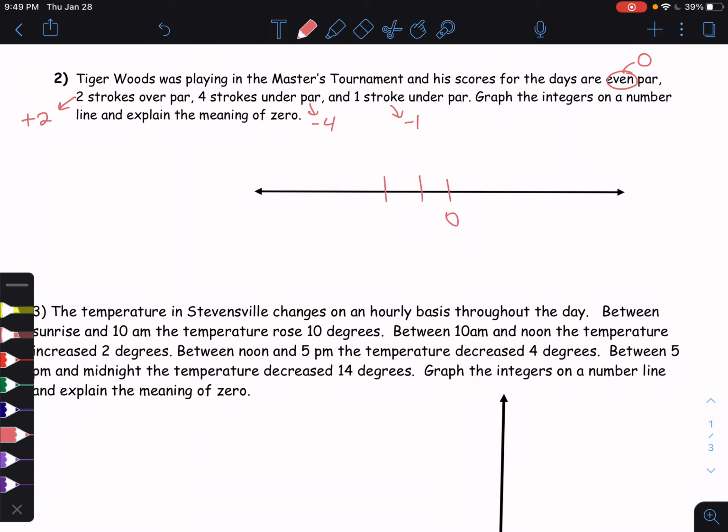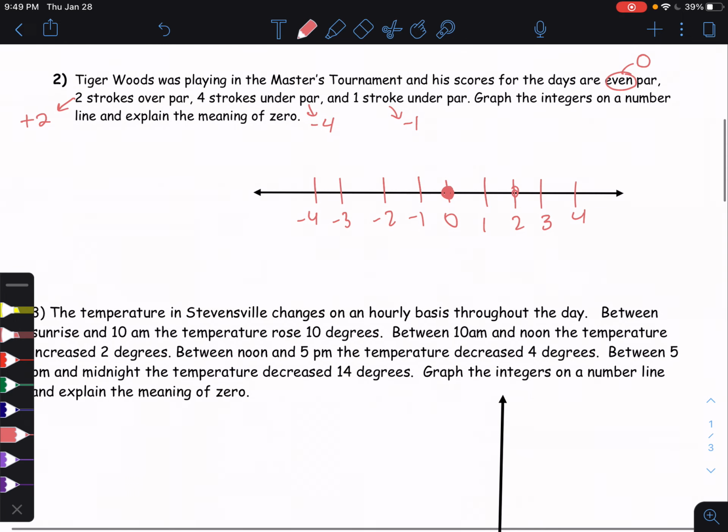So 1, 2, 3, 4. If I played even, that means that I used the exact number of strokes that I should have. He was 2 strokes over, 4 strokes under, and then 1 stroke under.